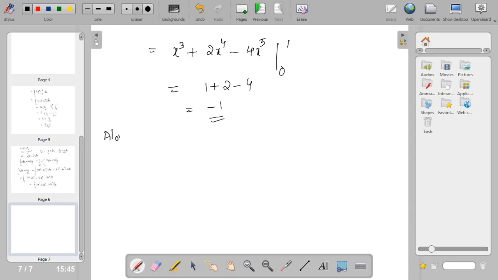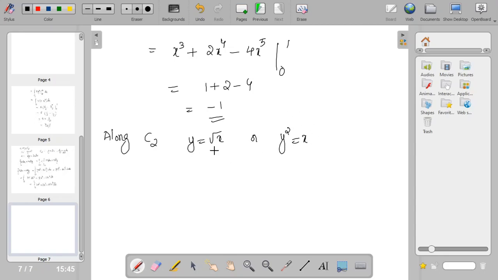Now we will take the next curve. So along C2, either you can use the y equal to root x substitution, or in order to avoid the root you can take y square equal to x. I think this is easier.